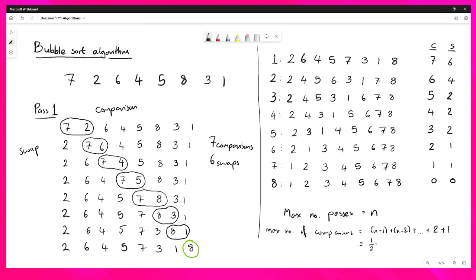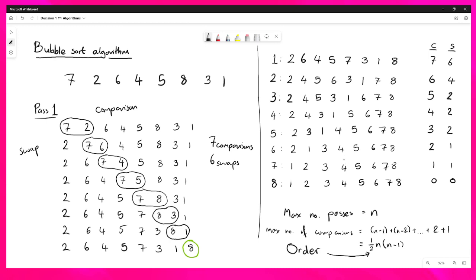Using our summation formula for the sum of natural numbers, this comes out as the formula 1/2 n(n-1). We're going to come back to this later, because this gives us something called the order of the algorithm. That's the bubble sort.